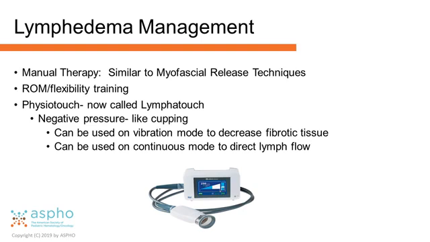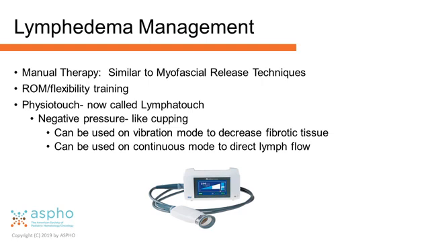Lymphedema management using manual therapy similar to myofascial release techniques can be helpful to reduce fibrotic tissue, and for range of motion and flexibility training. And there's a new device that we've been using. It's now called the LymphaTouch. It's negative pressure, sort of like cupping, but it's much more controlled.